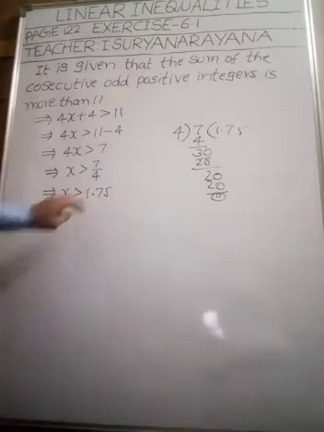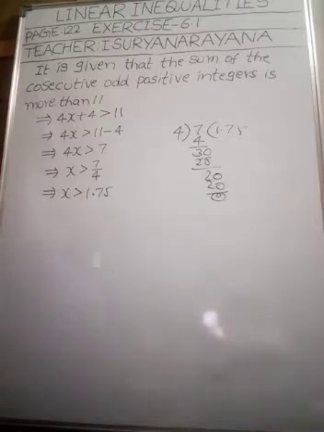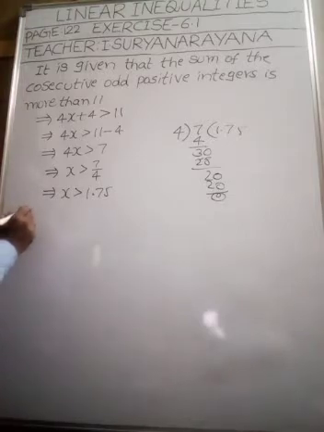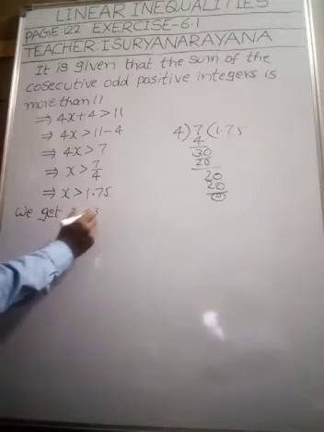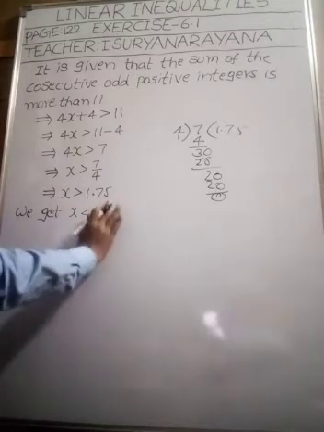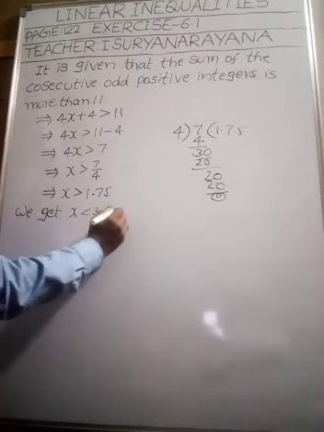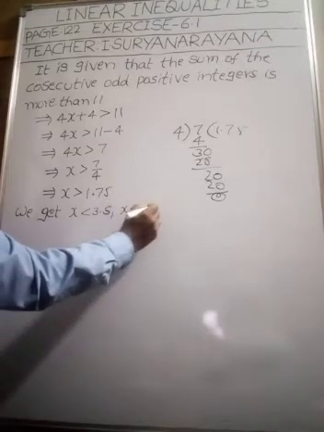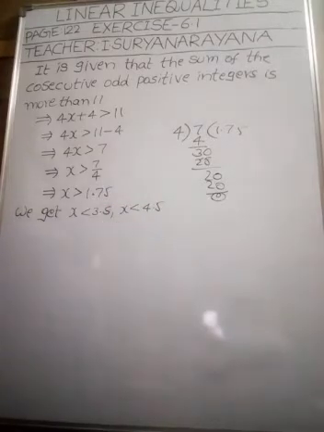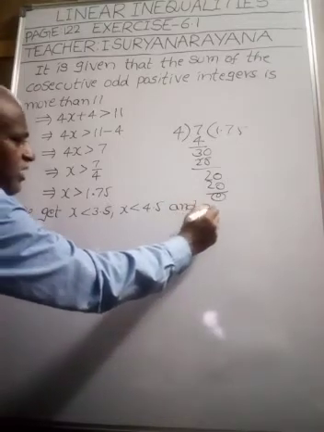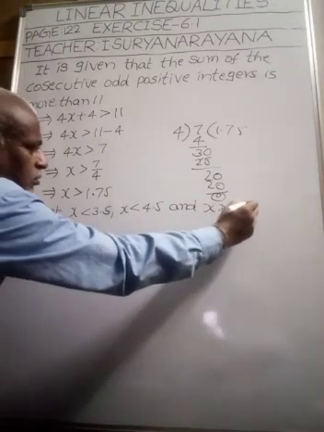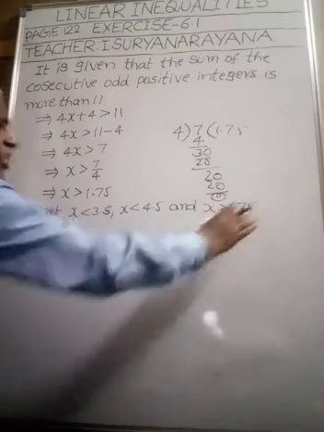So x greater than 1.75. So we got three conditions. What are the three conditions we got? x less than 3.5, x less than 4.5, and x greater than 1.75.